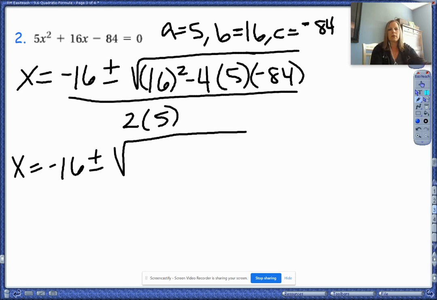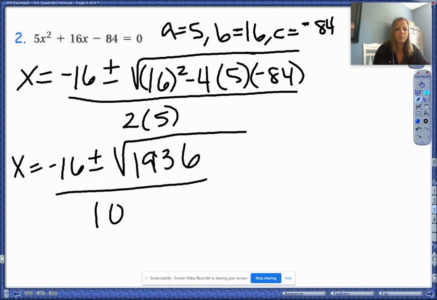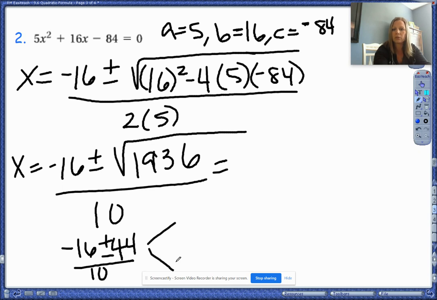I'm going to simplify what's under my radical just because I find that to be easy. So 16 squared minus 4 times 5 times negative 84. Okay, so I'm going to simplify what's under my radical. Negative 16 plus or minus 44 all over 10. And now I'm going to branch off and do my plus and do my minus.